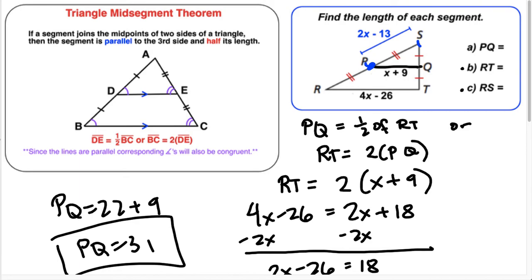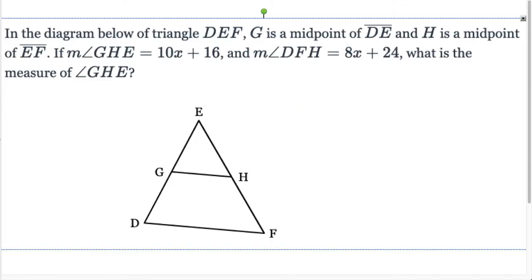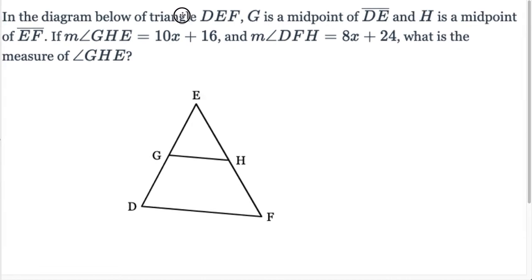Okay, let's go for our last example. In the two examples, we were talking about the sides. In the next example, we will be talking about angles. It says, in the diagram below of triangle DEF, G is the midpoint of DE, and H is the midpoint of EF. So now you can assume that GH is the midsegment, and you can use the midsegment theorem.